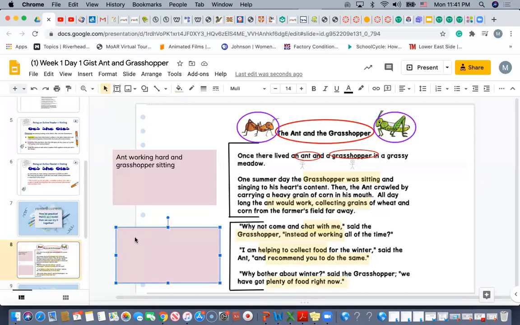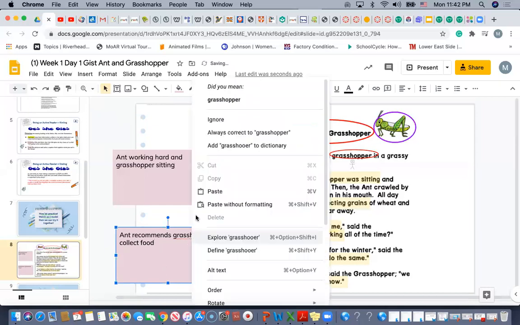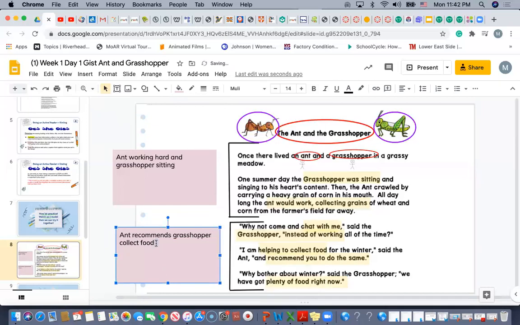So I'm going to click until I see that black line, and I'm going to write, ant recommends grasshopper collect food. Gotta make sure I spell that right. There we go. Grasshopper doesn't think he needs to.